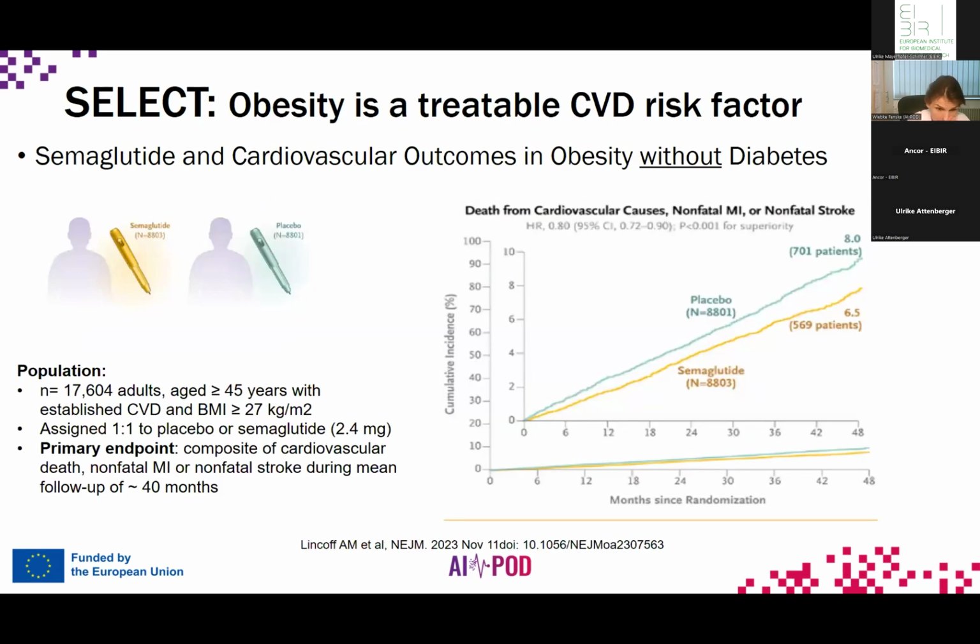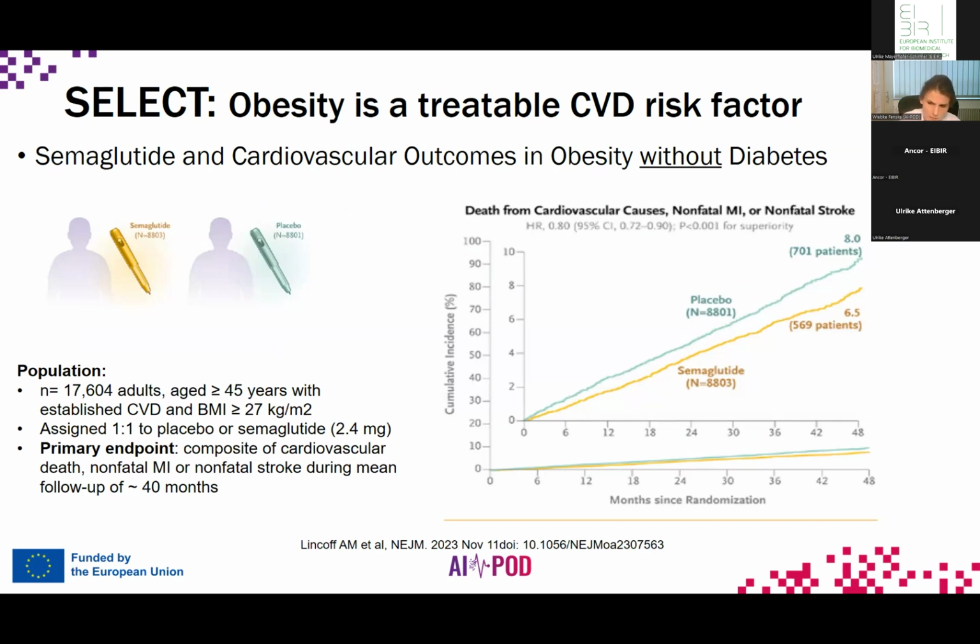Now, having said that, we have learned a second important lesson just recently from brand new clinical outcome data of the SELECT study, which is that intentional weight loss by the GLP-1 receptor agonist semaglutide may in fact prevent the progression of cardiovascular disease in patients with overweight and obesity, and importantly, without established and manifest diabetes.